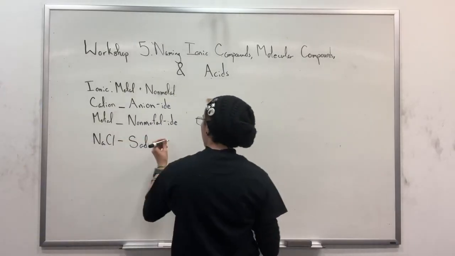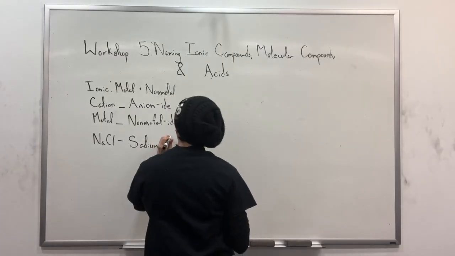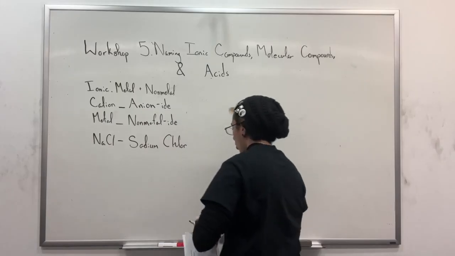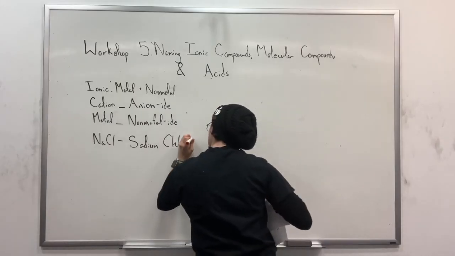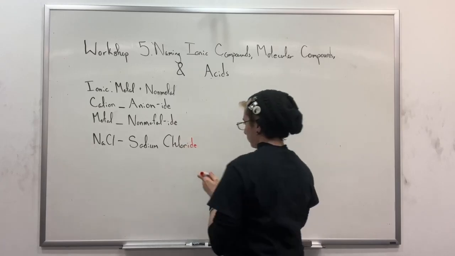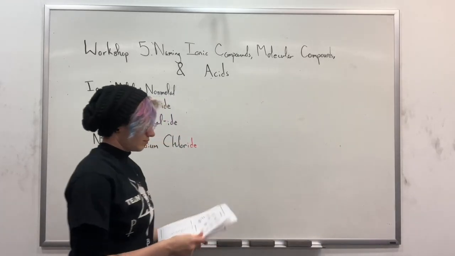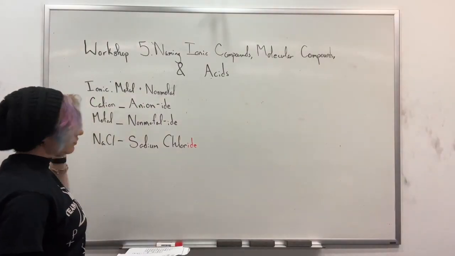And the next word, we are working with the chlorine atom, so chlor. But we're not going to put chlorine, we have to change the ending to chloride. So sodium chloride. And that is the main format of ionic compounds.